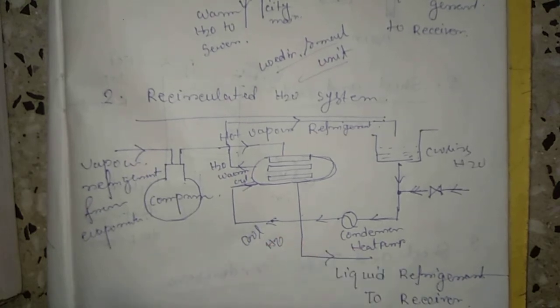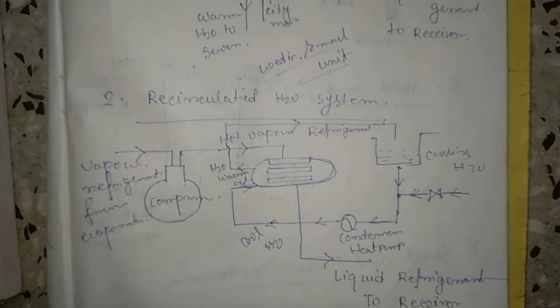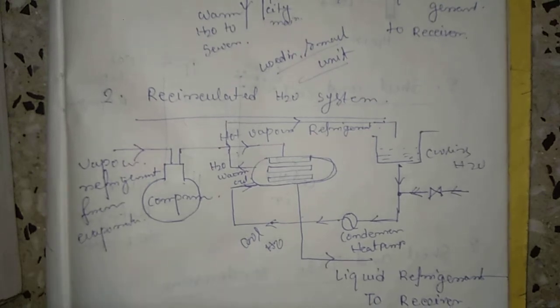What happens in the recirculated water system is that the same water circulating in the condenser is cooled and used again and again. This is the most important point.